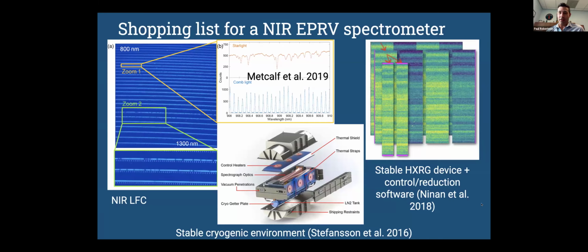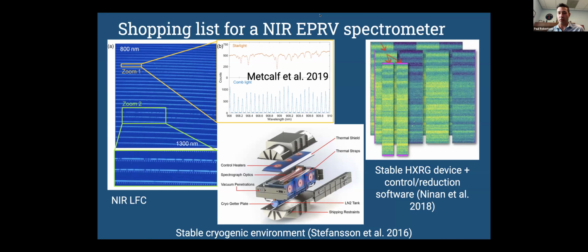And finally, like I said, we can't use CCDs for this. They're not sensitive at infrared wavelengths. So you have to use the H2RGs or H4RGs. And there are a lot of unique challenges with these devices. They have issues with persistence and flux dependent responses and all kinds of other properties that CCDs just don't have.